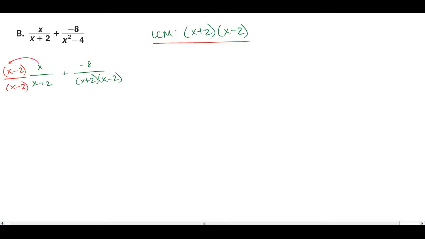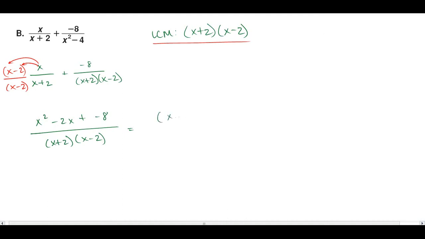I can distribute the x into this guy because of the negative sign. So that is x squared minus 2x plus a negative 8 all over x plus 2, x minus 2 as my common denominator there. Well, again, I'm a little worried. I want to factor that top. Does anything multiply to negative 8 that adds up to negative 2?